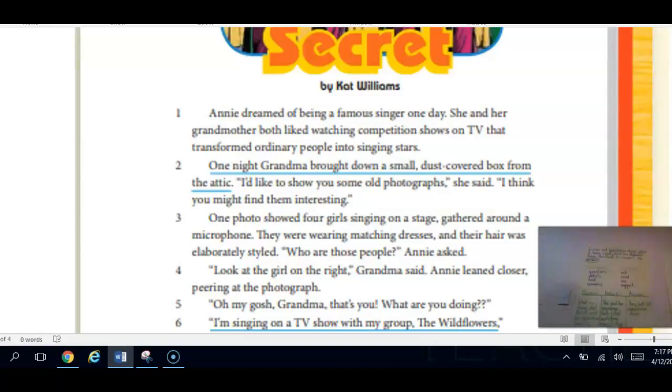Okay, so you will have an opportunity, and with this video, of course, you will be able to start and stop it so that you can read the text again. I'd like you to sign in to your Class Dojo and come up with a question of your own that you have about the text, and find details that support your answer to that question.